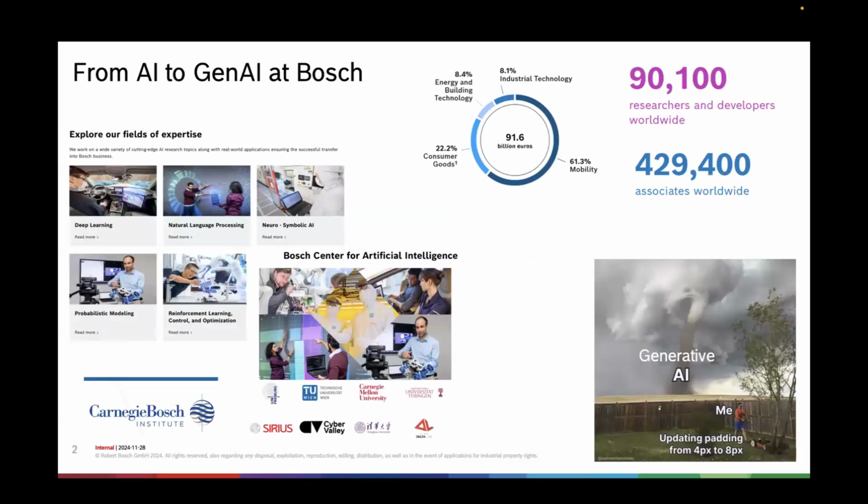Let me start with what I would say is a pretty much expected pattern you can see in a large company. Bosch has about 430,000 people working in different sectors, in manufacturing and services. And like many large companies, Bosch does quite a bit of AI-related work.